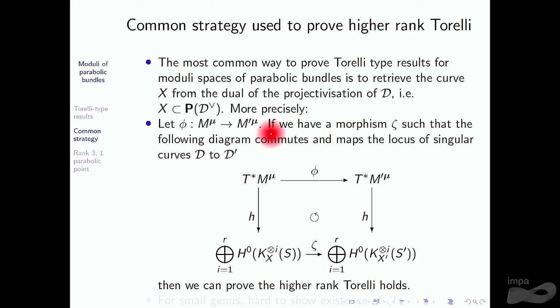Then, of course, that will induce a morphism on the level of cotangent spaces. So I have that, just from phi again. And then for each of these cotangent spaces, I have this Hitchin map. Yes? I just told you that.